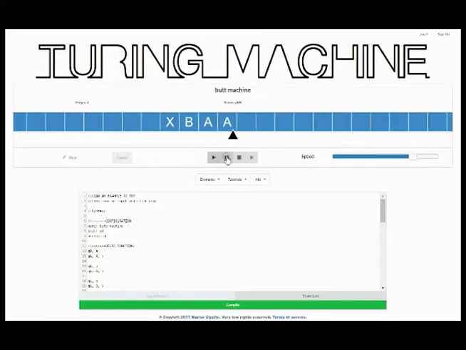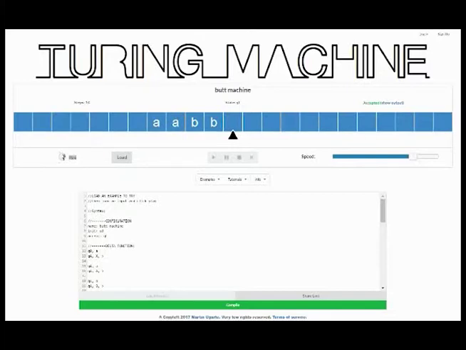And when the input is BBAA, the output would be AABB. So in this Turing machine, the initial state is Q0 and the accepting state is QL.